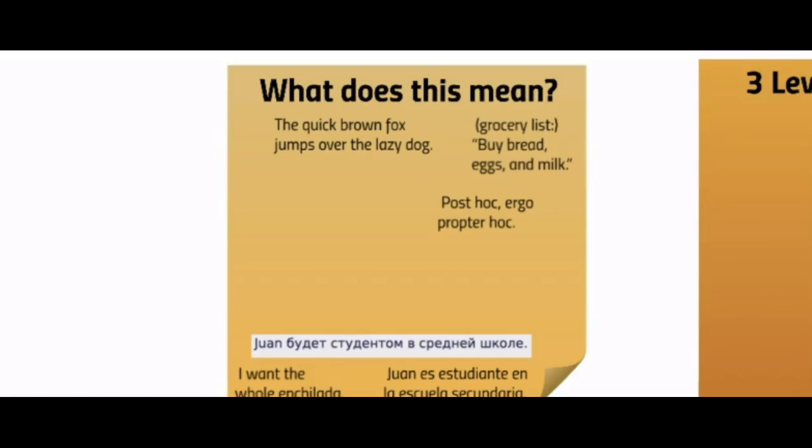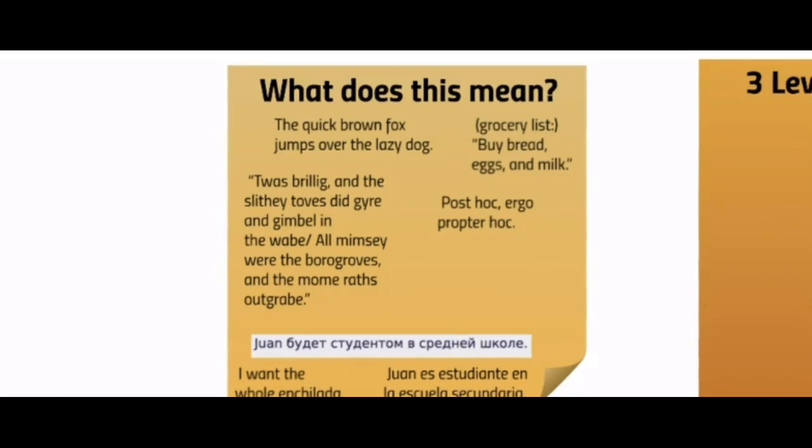I don't know Russian. How about this statement? 'Twas brillig and the slithy toves did gyre and gimble in the wabe. All mimsy were the borogoves, and the mome raths outgrabe. Okay, sounds like English. Sounds like something you don't know, so maybe it's Old English. This is actually a poem from Lewis Carroll that is filled with nonsense words.